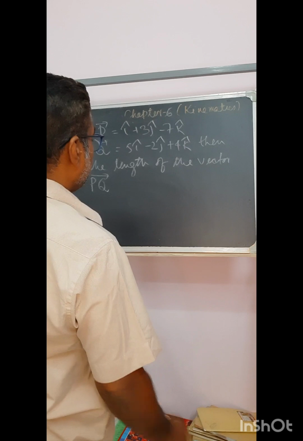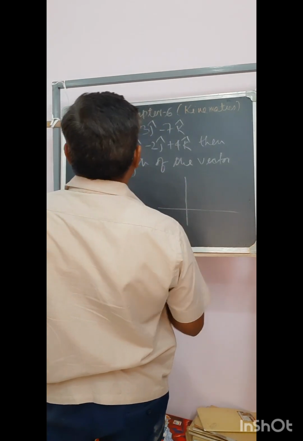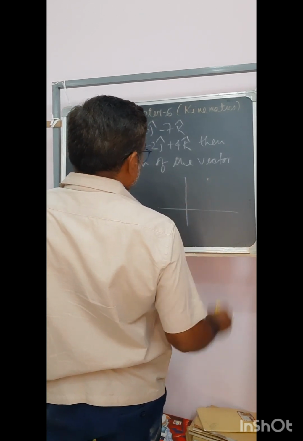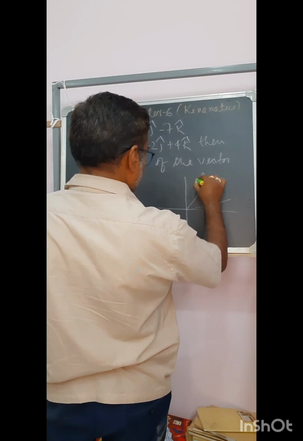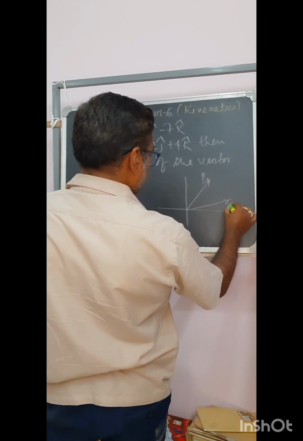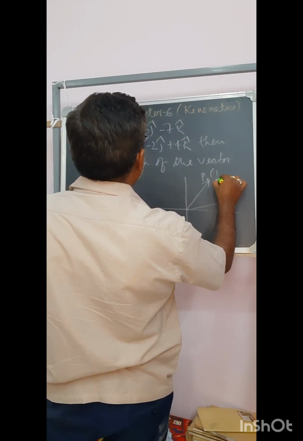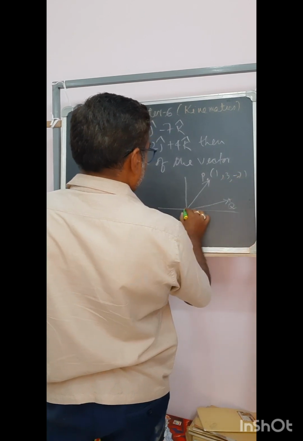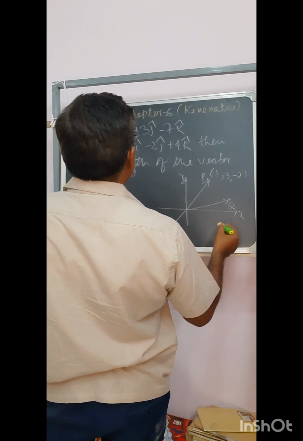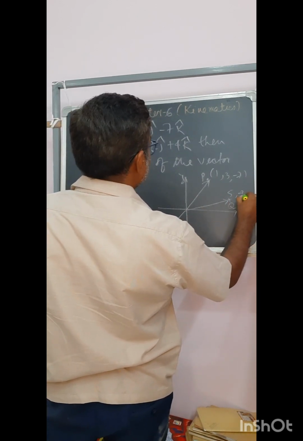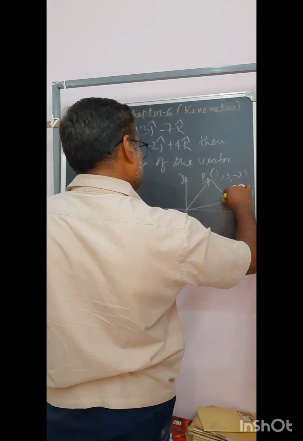So the length of PQ will be, if P is given as a vector and Q is a vector, we can assume these are the position vectors. There are two different coordinates. P is 1, p and -7, in order x, y, z, and Q is 5, -2, 4. So what is PQ? From P to Q, you have to consider the direction.